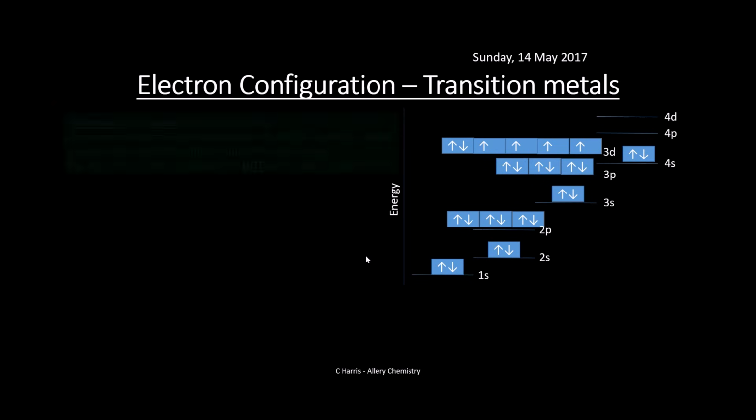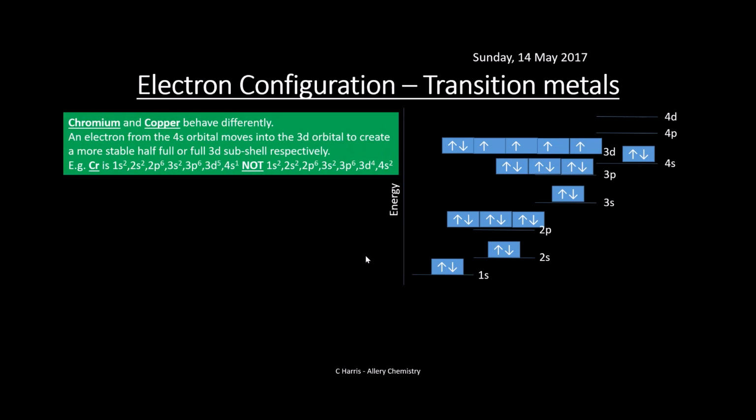Okay, let's have a look at those transition metals that we were talking about. Now, chromium and copper behave a little bit differently. So an electron from the 4s orbital moves into the 3d orbital to create a more stable half-full or full 3d subshell respectively. For example, the electron configuration of chromium is actually 1s2, 2s2, 2p6, 3s2, 3p6, 3d5, 4s1.